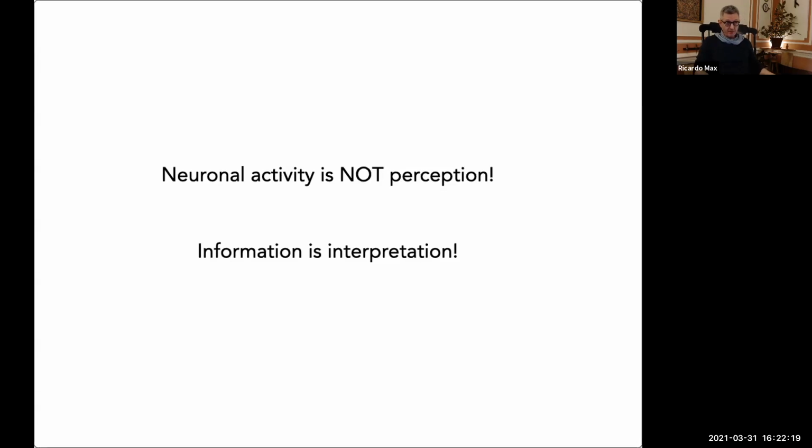So again, we are learning more and more about the attributes and activity of our neuronal system. But perception is a translation, an indirect interpretation of what happens.